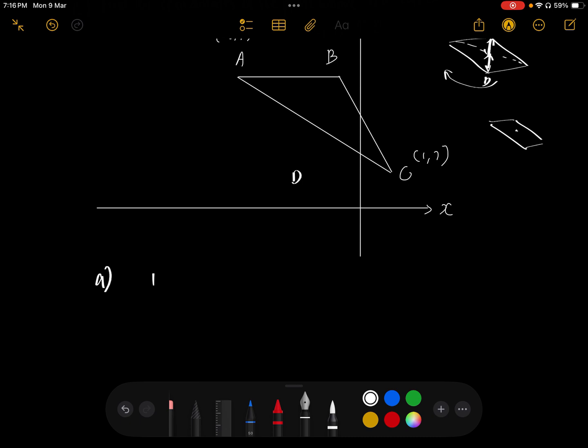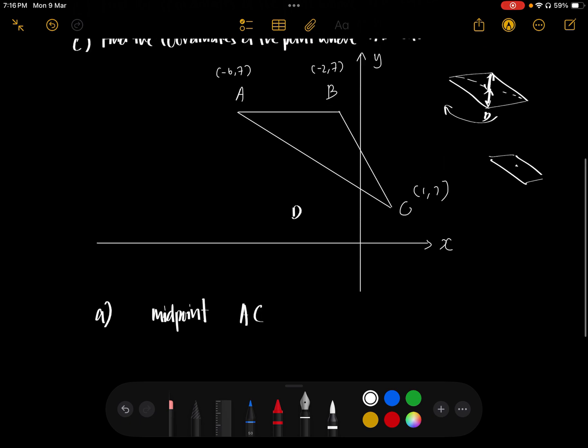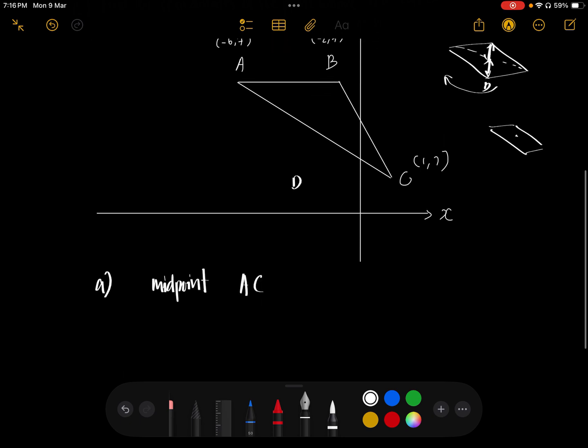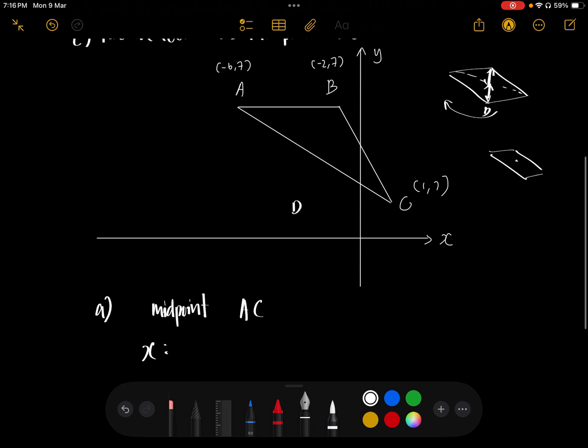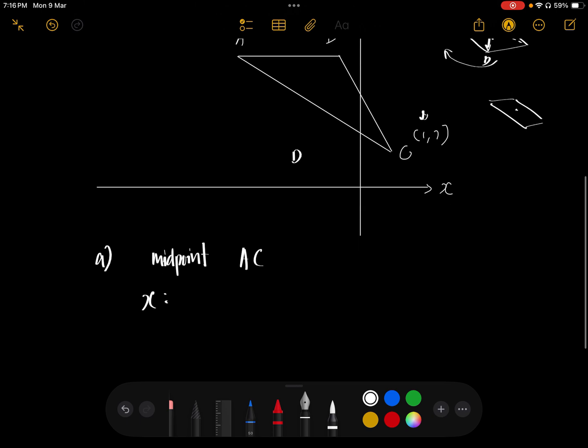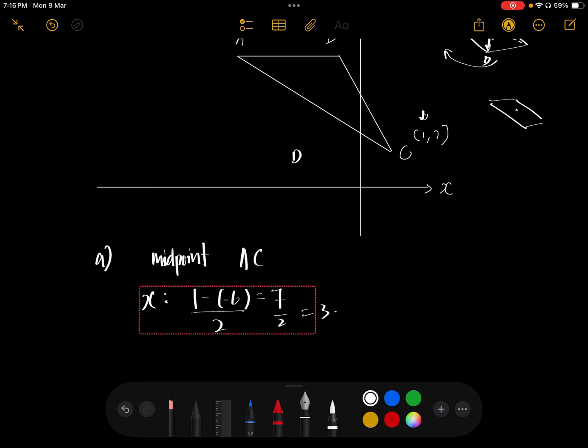First, we must find the midpoint of AC. How to find the midpoint? Looking x-axis wise, we're looking at 1 and -6. So 1 minus -6 is 7, and the midpoint should be divided by 2, so 7 over 2, 3.5.